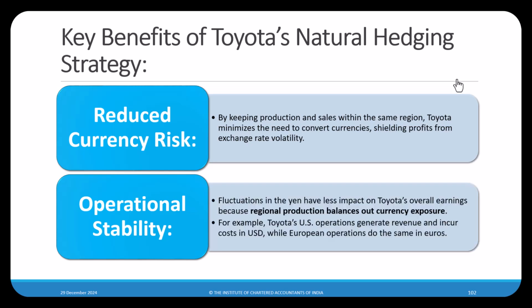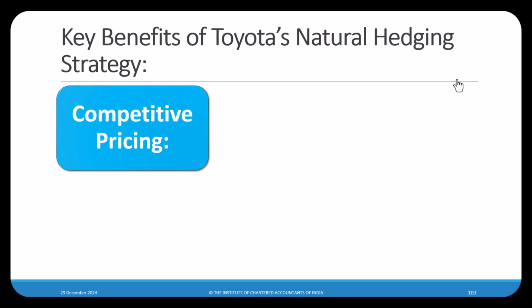Fluctuations in the yen have less impact on Toyota's overall earnings because regional production balances out the currency exposure. For example, Toyota's US operations generate revenue and incur cost in USD, while European operations do the same in euro. So the manufacturing plants in Germany incur the cost as well as earn the revenue in euros, like what they are doing in America. So they are not exposed to the yen going up and down. It doesn't affect their profitability.